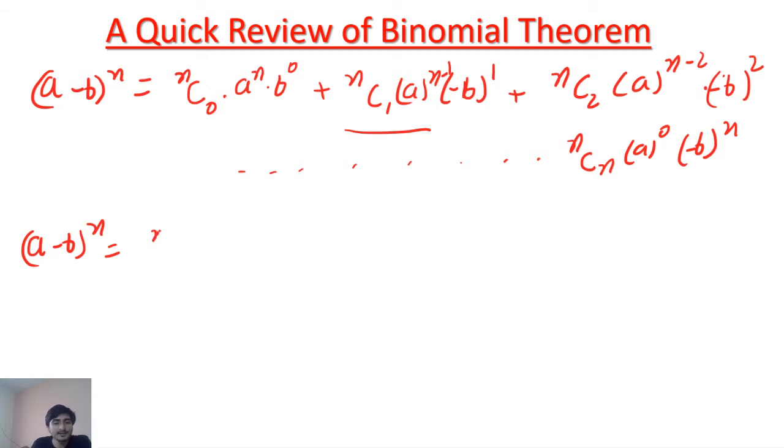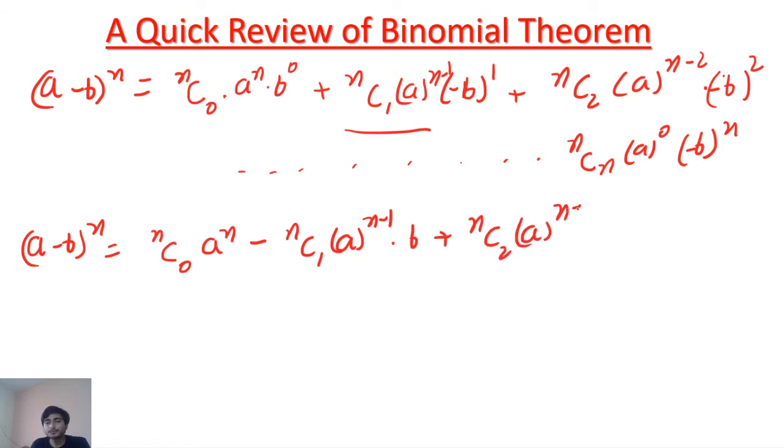So this will be alternating: nC0 a to power n minus nC1 a to power n minus 1 into b plus nC2 a to power n minus 2 and b to power 2 minus nC3 a to power n minus 3 into b to power 3.